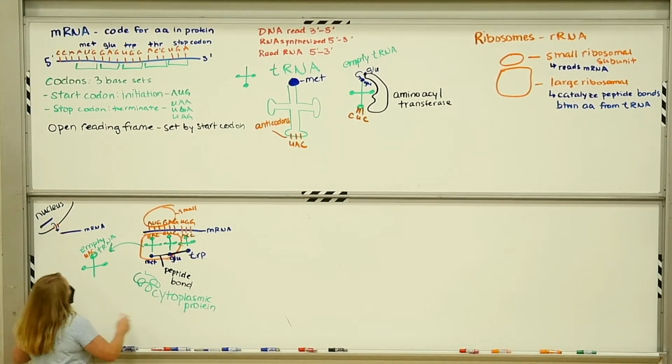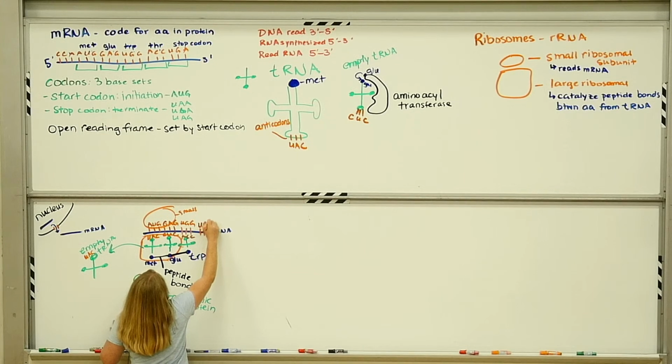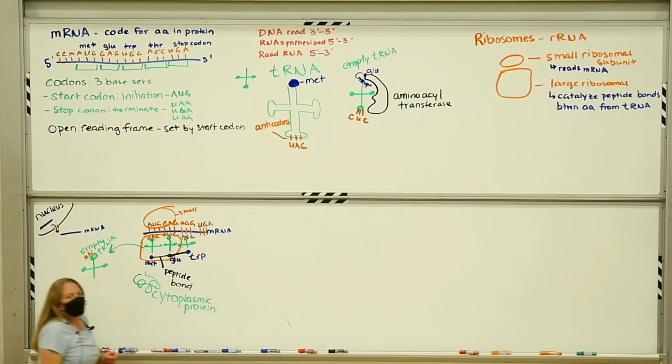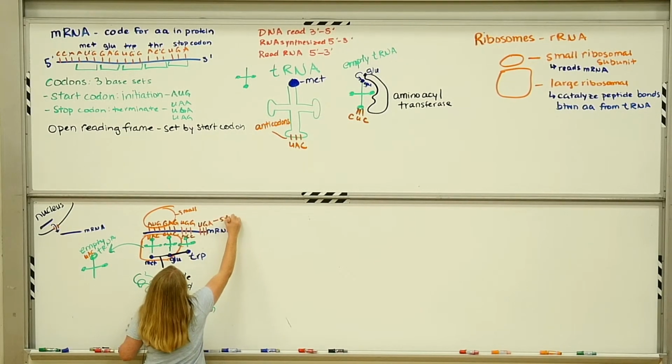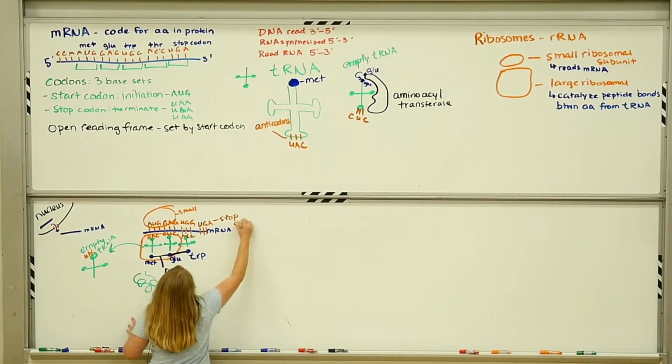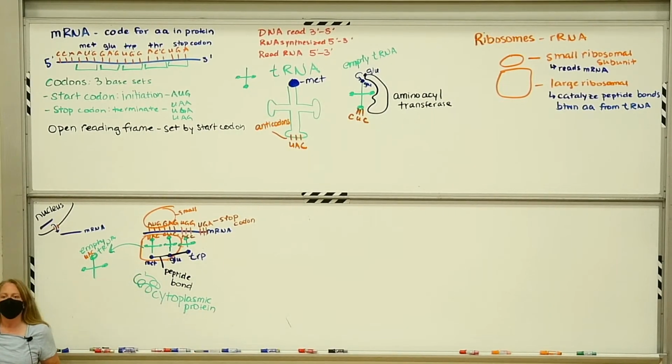And remember that the reason we could release this is because we got all the way down to a UGA, which was a stop codon. This does not have an amino acid that can match it. So there's nothing to add. That's the signal to terminate.